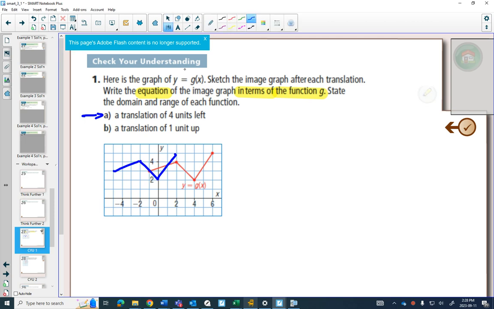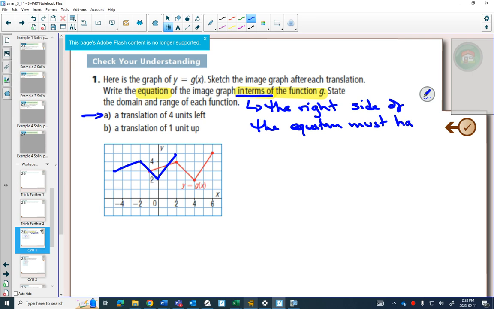What does this mean? Well, an equation has an equal sign, and this part, in terms of, means that the right side of the equation must have, in this situation, the function g.